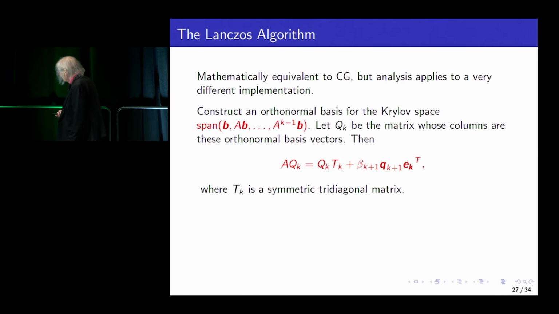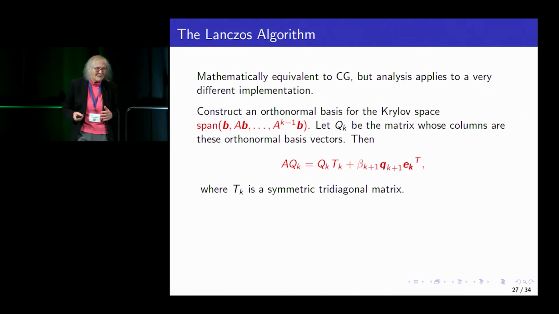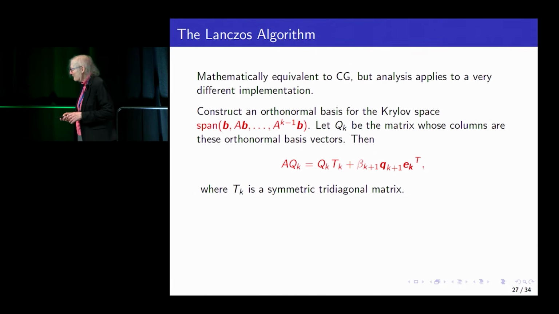The idea is that you construct an orthonormal basis for the Krylov space. Here I'm not using a preconditioner, though I should. Hardly any analysis of preconditioned Lanczos has been done, so I'll just write it without a preconditioner.